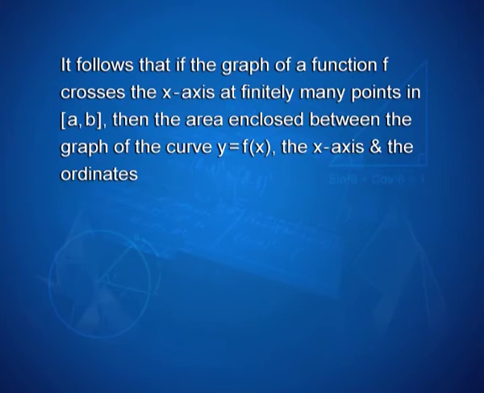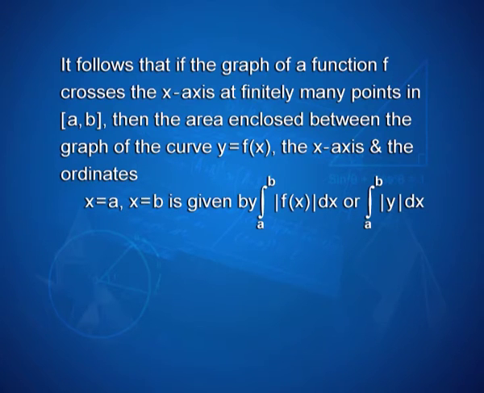It follows that if the graph of a function f crosses the x axis at finitely many points in the interval a b, then the area enclosed between the graph of the curve y is equal to f of x, the x axis and the ordinates x is equal to a, x is equal to b is given by integral a to b modulus of f of x dx or integral a to b modulus y dx.